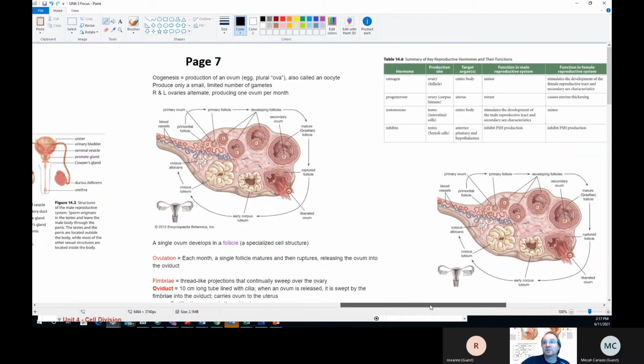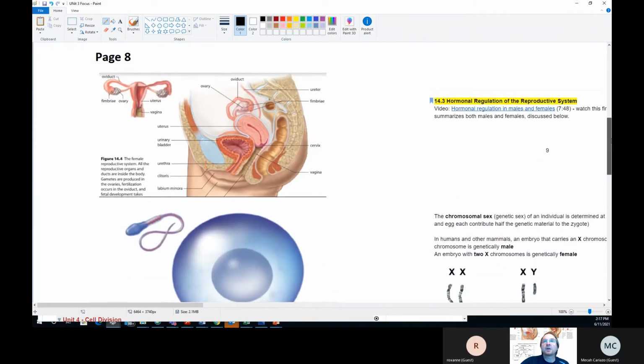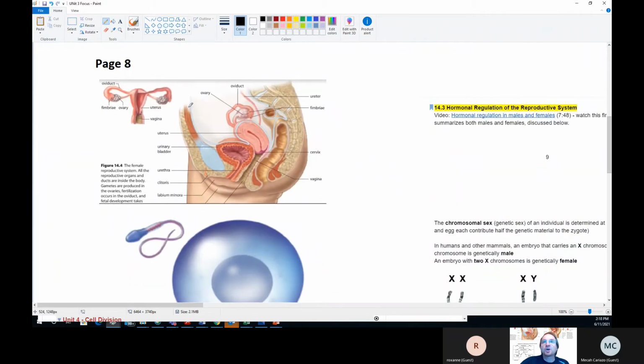Okay, so that's page 7. I reiterated a little bit here on page 8. Again, make sure you know all of these structures, but particularly the uterus, and this thick wall here is called the endometrium. I've been pointing to the wrong thing.